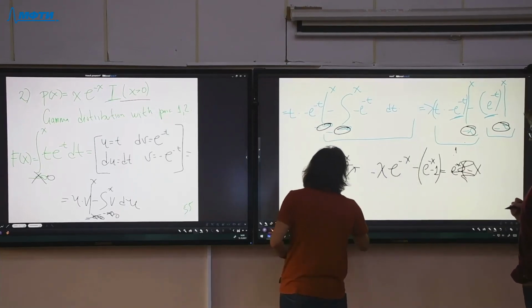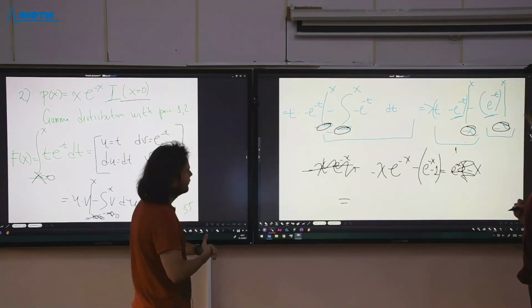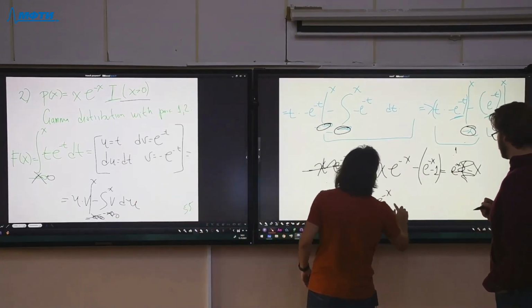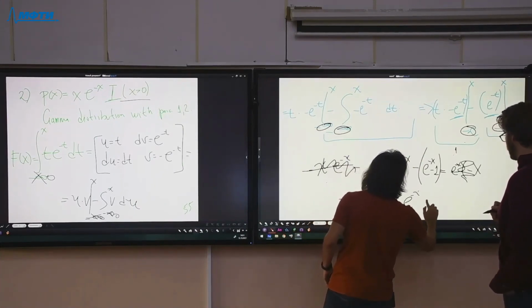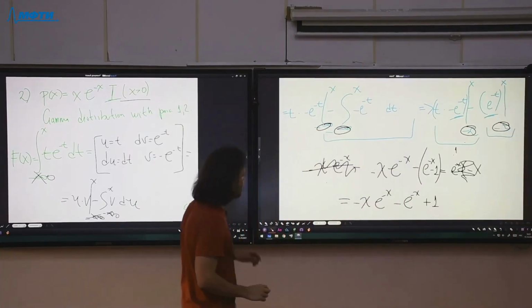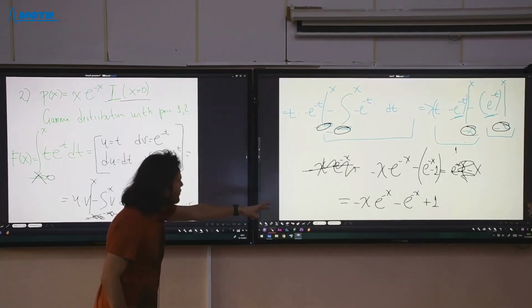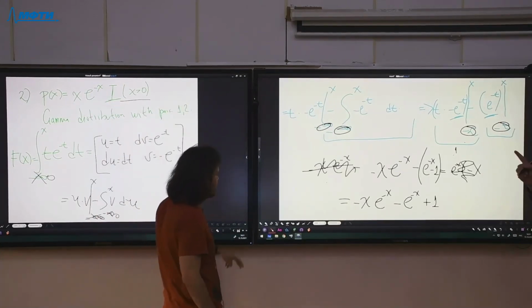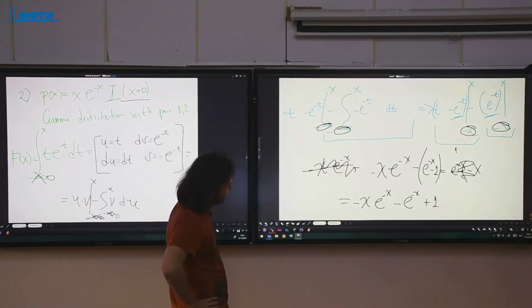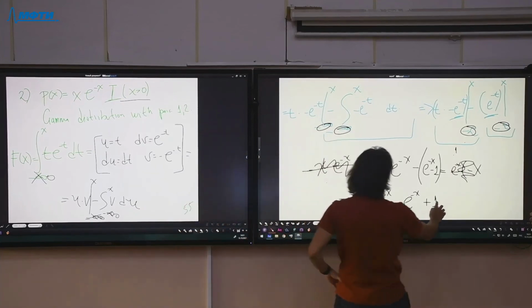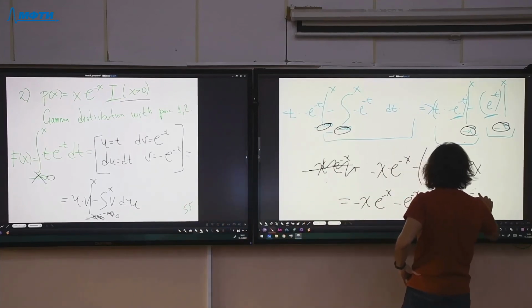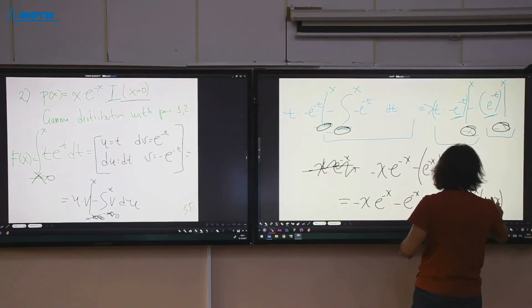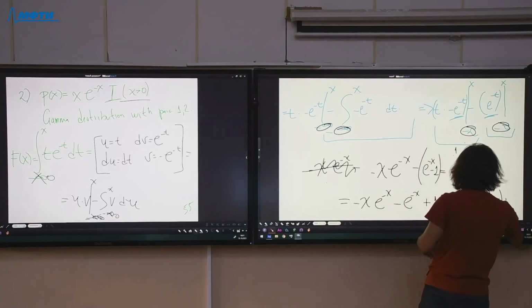So we have that this is equal to minus x e to the minus x minus e to the minus x plus 1. And this is the CDF for the gamma distribution with parameters 1 and 2. So we can write this better. And that's it.